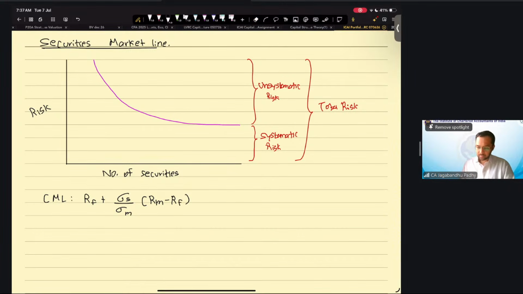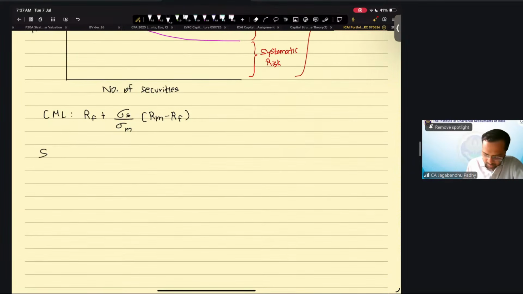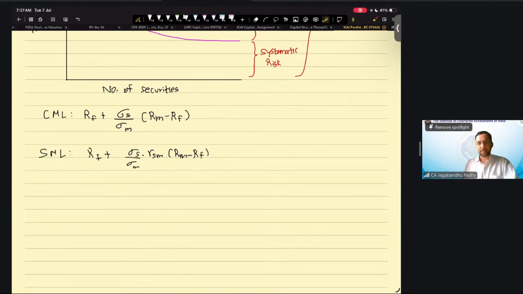But then the securities market line says it will be risk-free plus standard deviation of security upon standard deviation of market, adjusted for correlation between security and market. Because you can't be asking for the risk premium for the total risk; rather, you should be asking only for that portion of risk which is related to the market. Market means overall system, right?